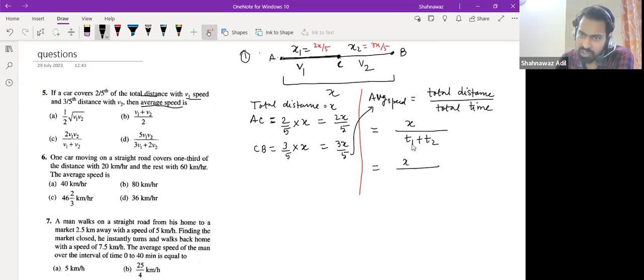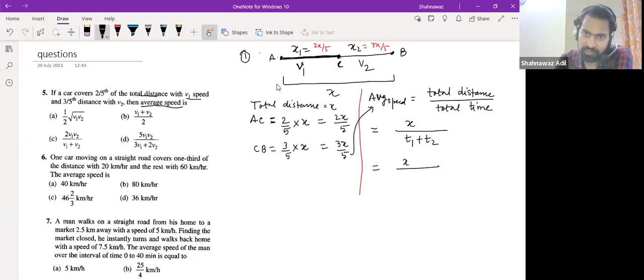So how much is t1? Rishita, you tell me. Sixty minutes? How did you get 60? We know the distance and we know the speed, so time is distance upon speed.